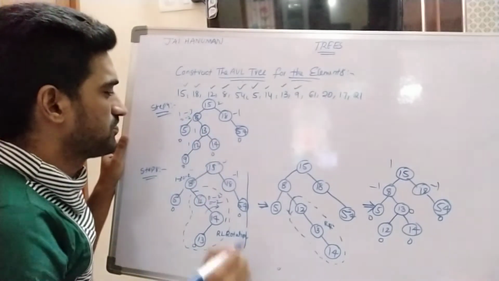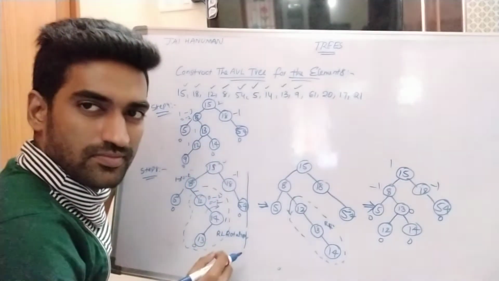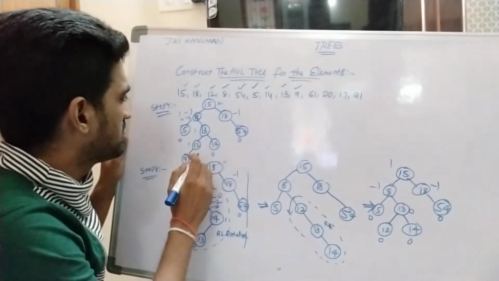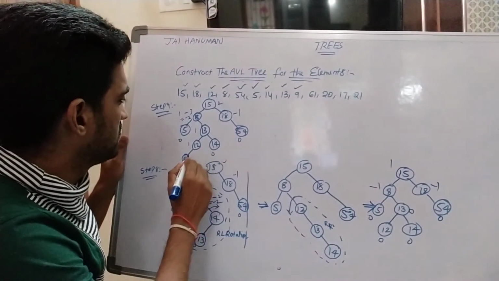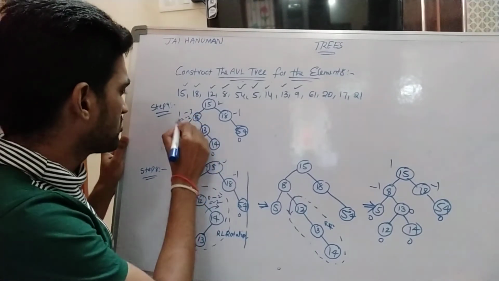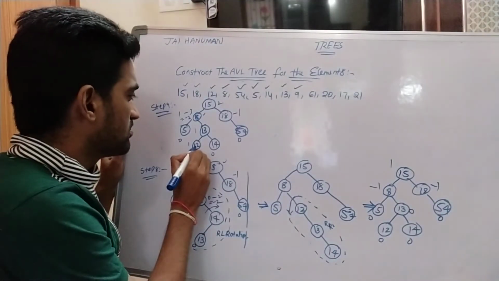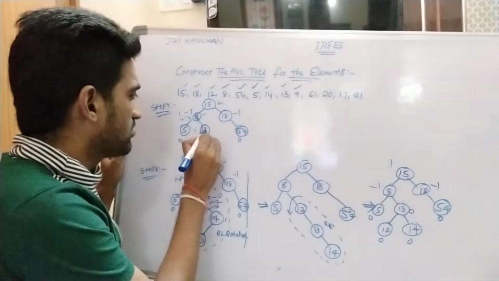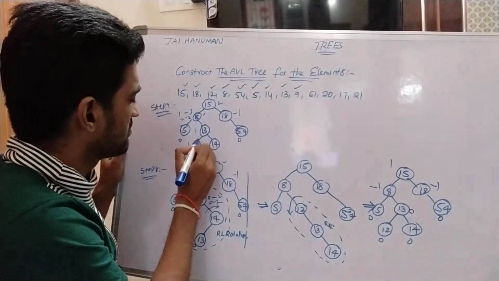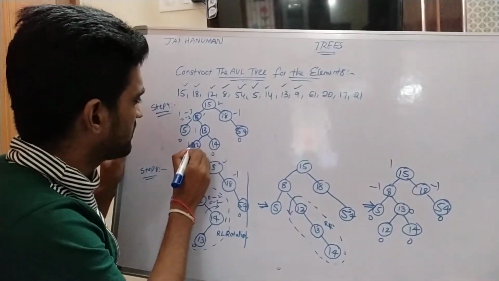So here we are inserting left of left subtree. Then a problem is encountered, right? So here the problem is encountered at this node by inserting this, which is the right of left subtree.